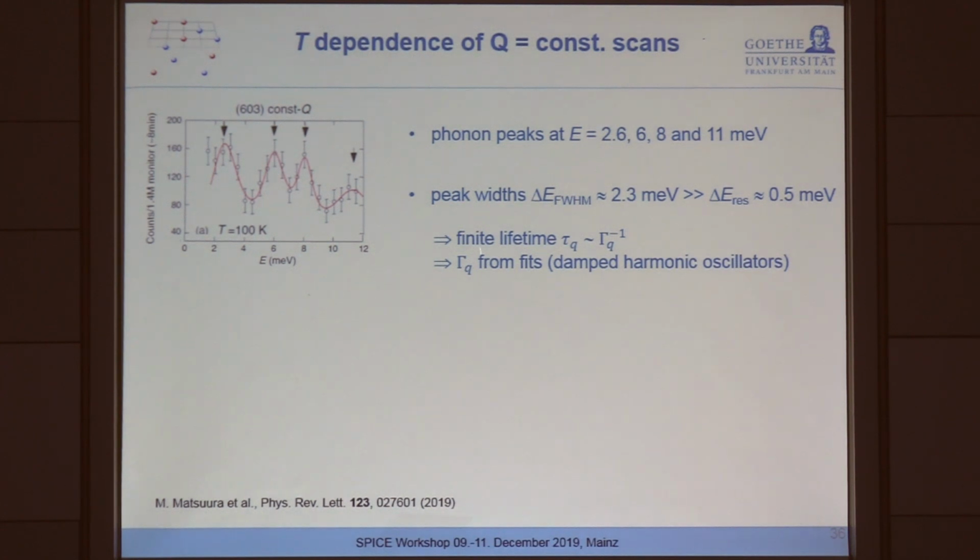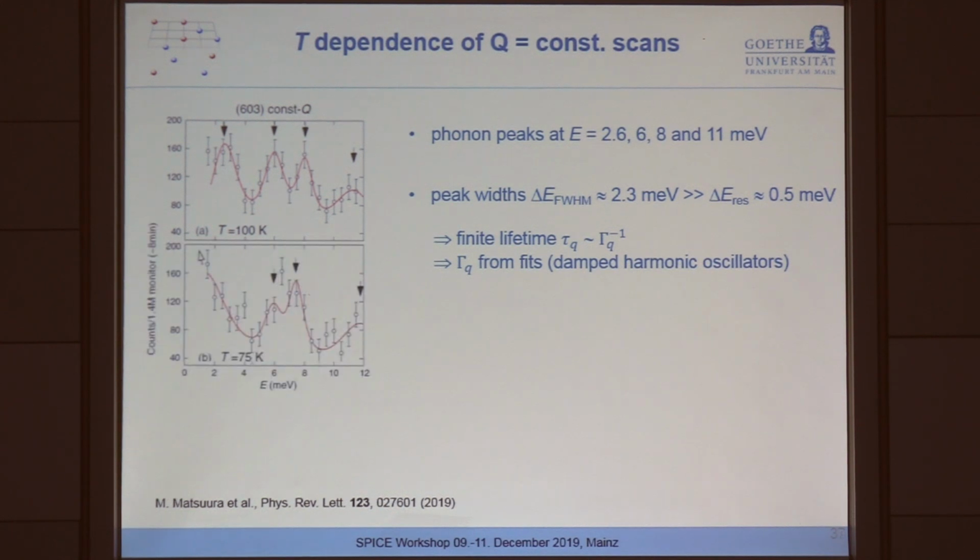You recognize that the peak width is about 2.3 millielectron volts, which is distinctly larger than the energy resolution of half a millielectron volt. This indicates that we have a finite lifetime in this system, which is inversely proportional to the damping. We could extract the damping by fitting four damped harmonic oscillator functions to this data. This is the solid red line.